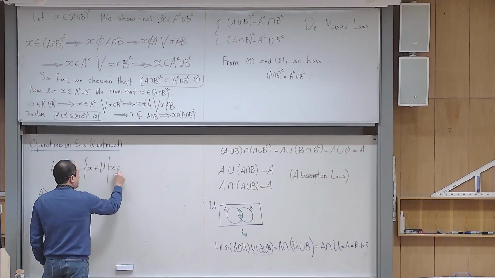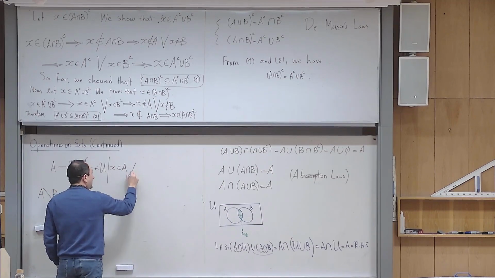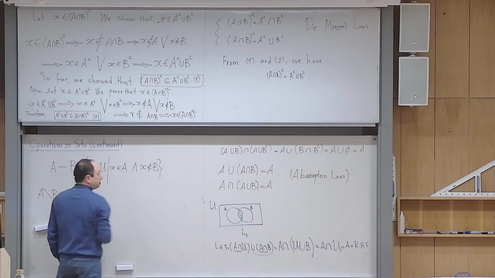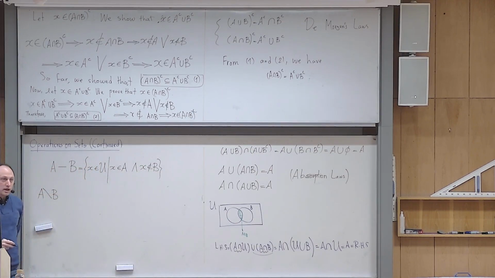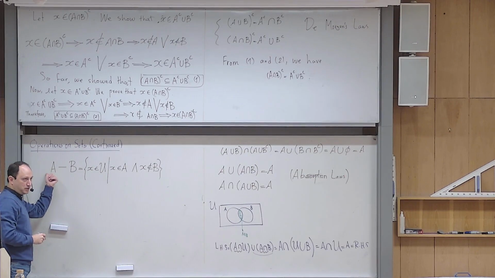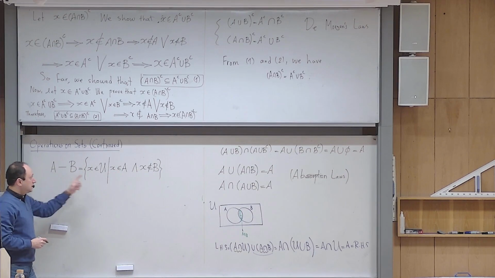The extra property is that X belongs to A and X does not belong to B. So when I say A minus B, it consists of all elements which are in the first set. Be careful. A is the first set, B is the second set.